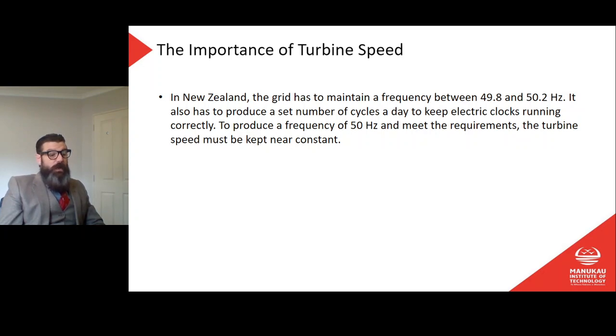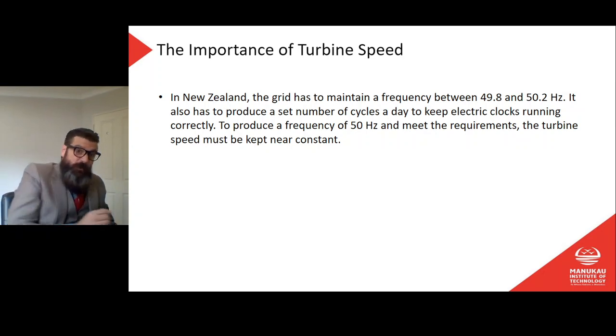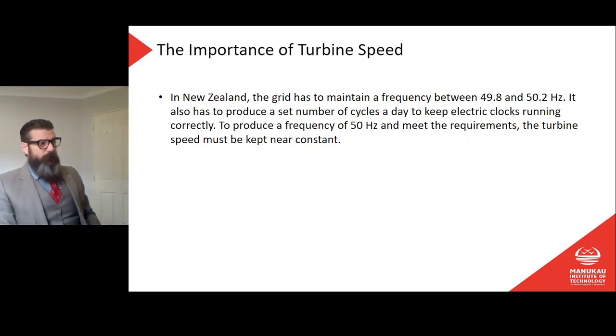So the only way to change the frequency output then is to change the speed. Or if you think about that another way, to maintain the frequency output, I must maintain the speed. So I don't want to change the frequency, I want to keep the frequency the same. So my challenge then is going to be to keep the speed of my rotor the same all the time.